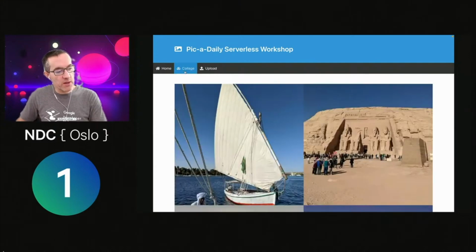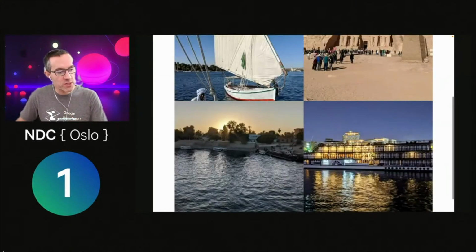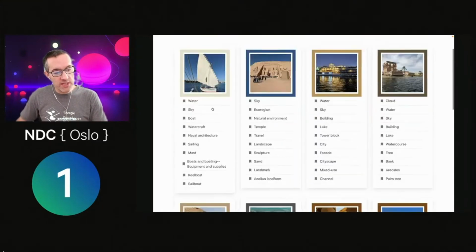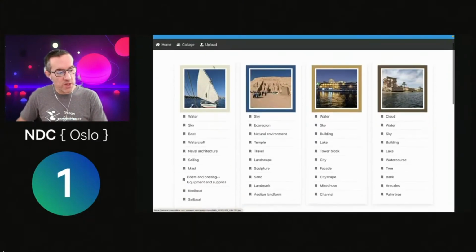There's a page where you can see a collage of the 4 most recent pictures, and the home page displays all the pictures, and you can see that there are some labels. That's the machine learning Vision API that we're calling, which analyzes pictures and finds the labels of what's recognized in the picture.